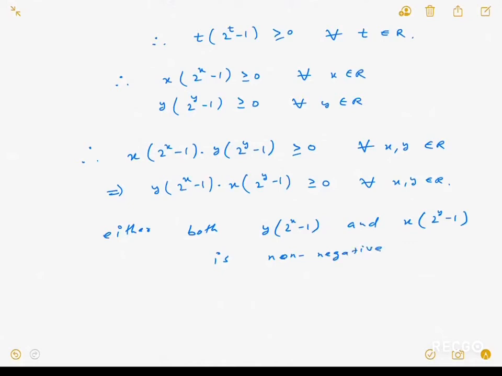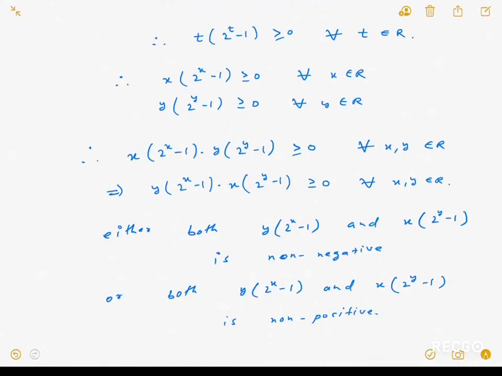Non-negative means positive or 0. Or the other possibility, as you can see from here that their product is positive, is that both of these terms are non-positive. Non-positive means either negative or 0.